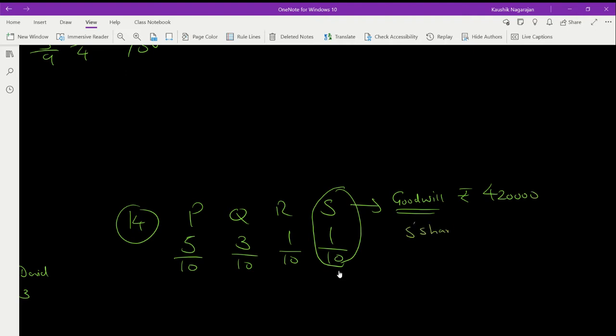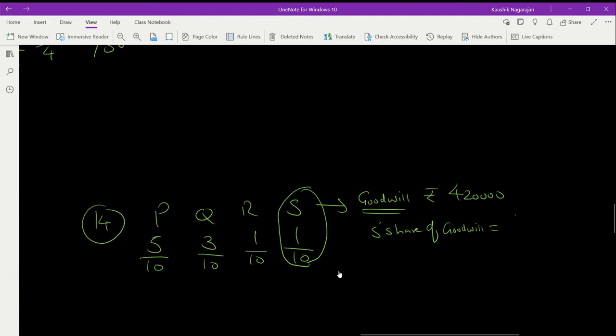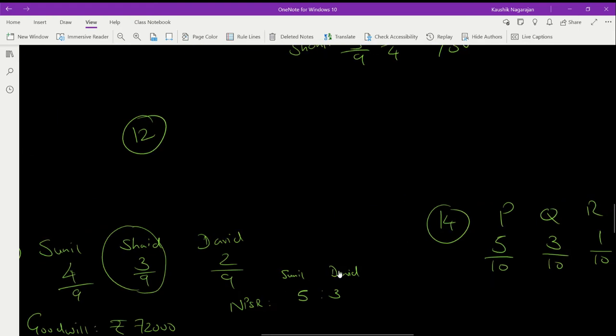S's share of goodwill will be as follows: 4,20,000 rupees into 1 by 10. When you cancel the common zeros, this gives you rupees 42,000 should be paid to S as a settlement of goodwill.